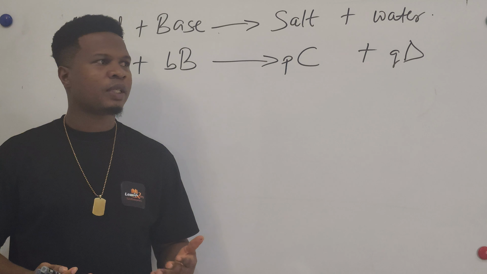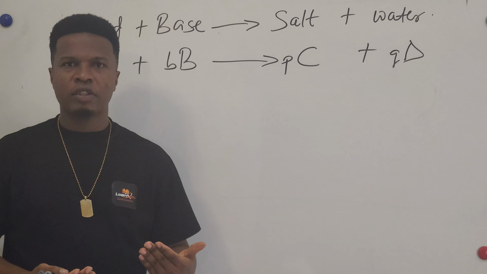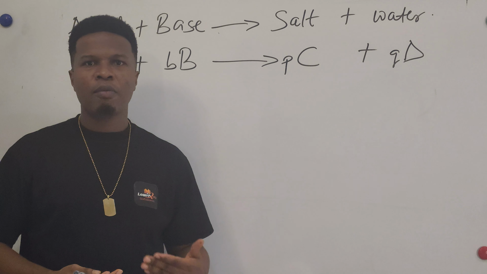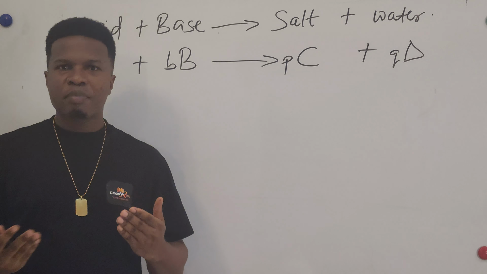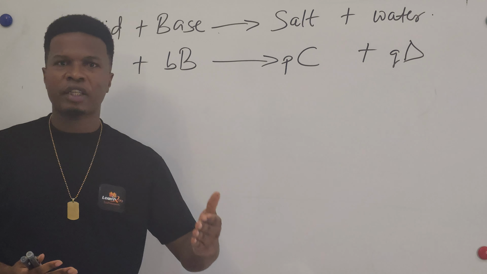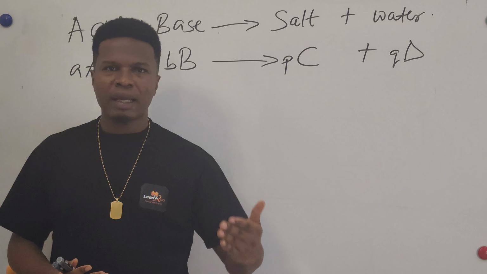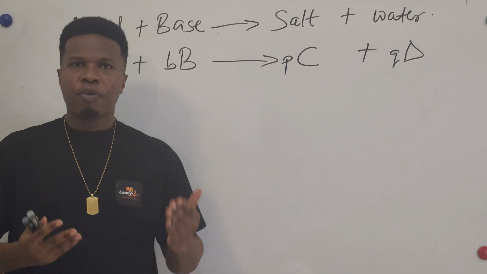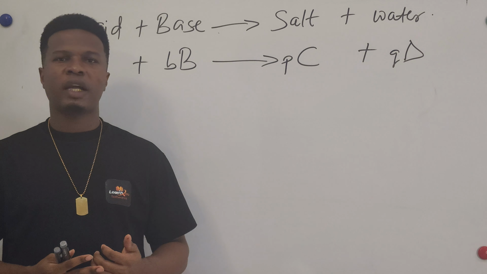Now, let's look at another aspect of this molarity or concentration in mole per dm cube. Most of us have heard about the reaction called acid-base reaction, otherwise known as neutralization reaction: a reaction between an acid and an alkali in equal proportion to produce salt and water, which is the product of the reaction.